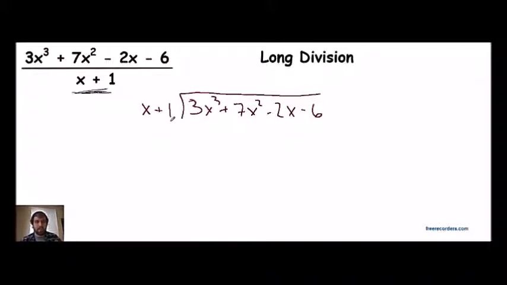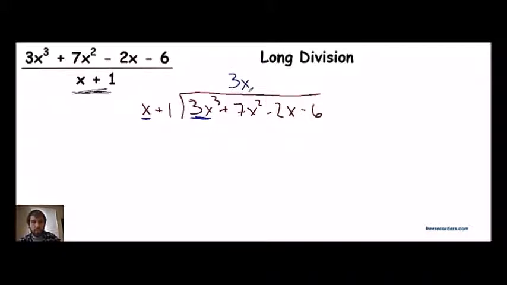But the only difference is now you're going to take your lead term here, so in this case x, and you're going to divide it into the first term here. So how many times does x go into 3x cubed? Well, it goes in there 3x squared times.